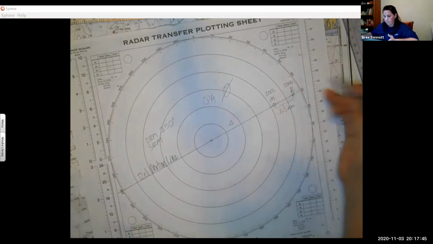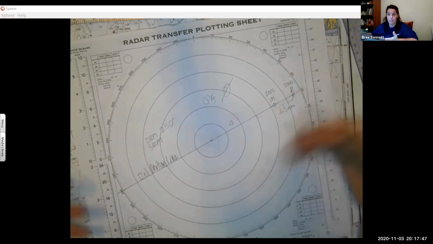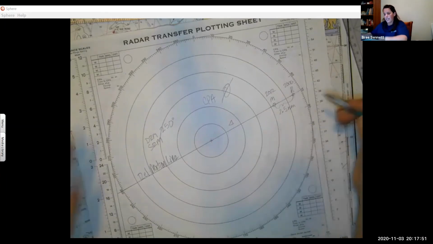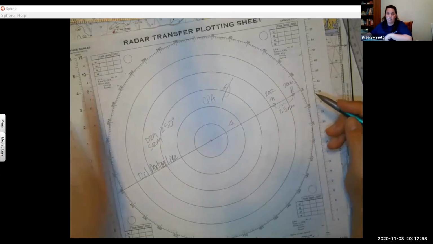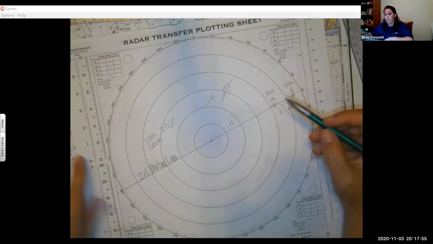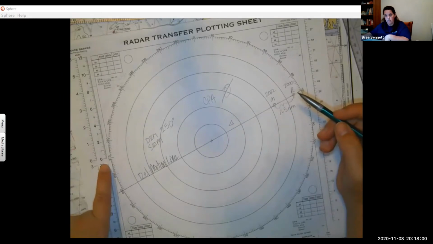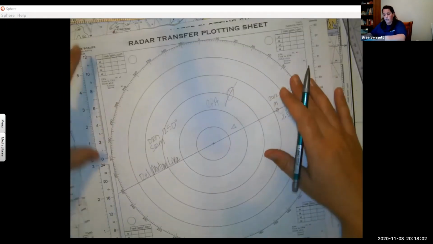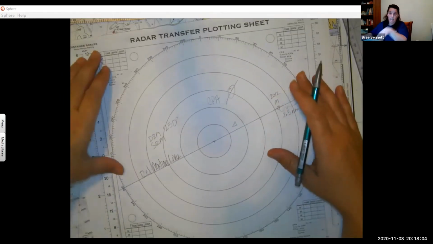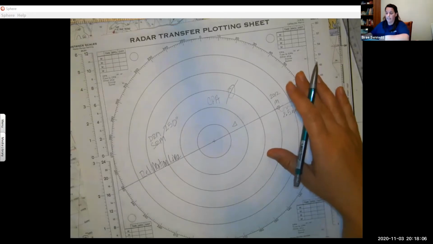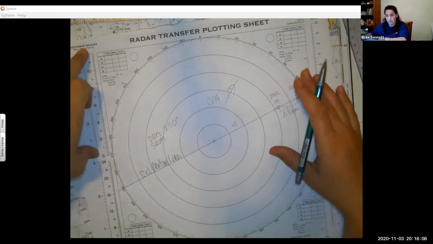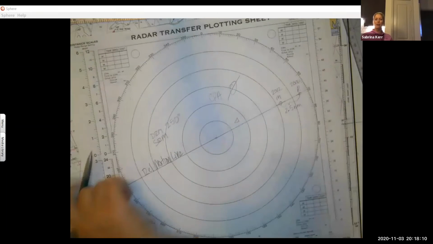So basically, whatever the first range that we have tells us which scale we're going to use. So sometimes you're going to use that 6-mile scale, which on yours is below. And sometimes, or I'm going to say 100% of the time for our homework today, you're using the 12-mile scale. Okay.